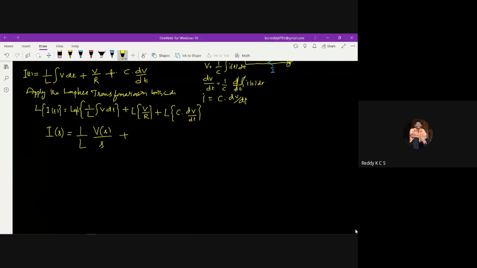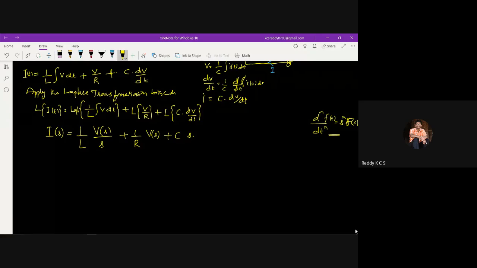Then similarly here 1 by R is the constant, and L of V of t is equal to V of s, then plus here C is the constant, then L of d by dt of V is equal to, we have known that equation with including the initial conditions, s into V of s, because L of d to the power n by dt to the power n of f of t is equal to s to the power of n into F of s.